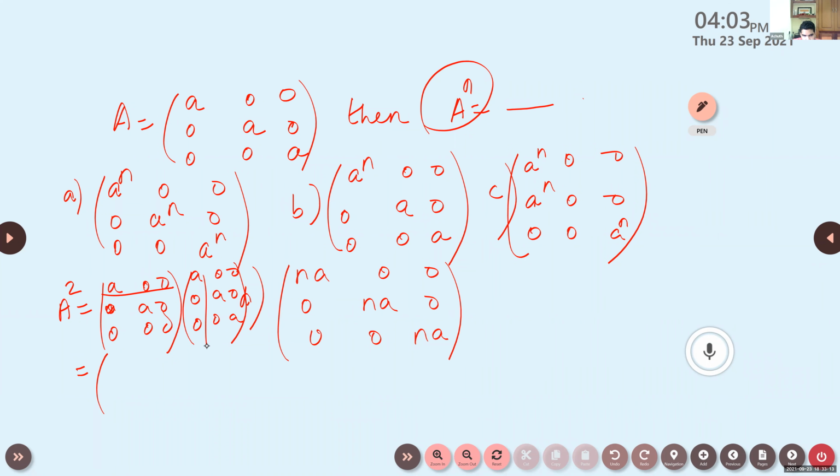A square, 0, 0, then 0, A square, 0, and 0, 0, A square. Is it like this? Yes or no? So therefore, what will be A raised to n? What is the option? The first one. The option is the first one.